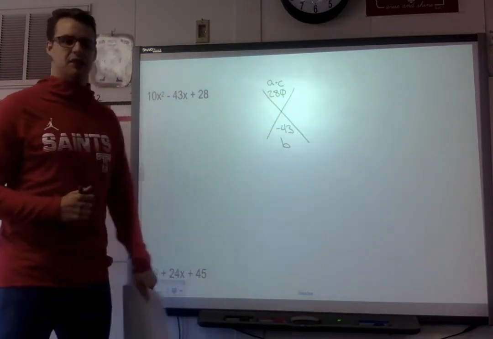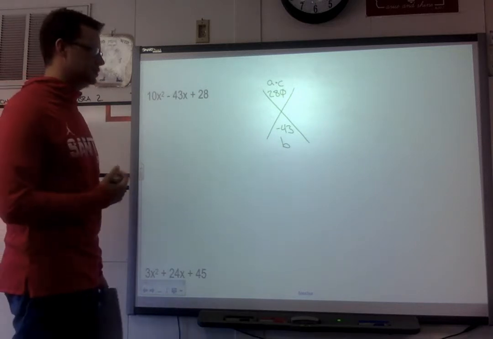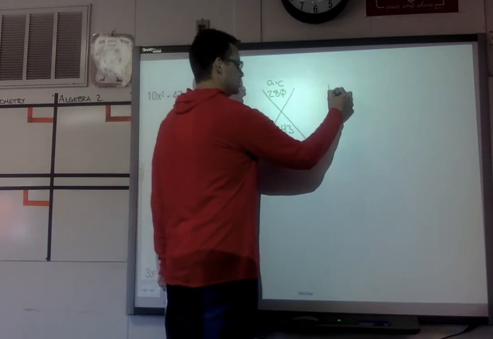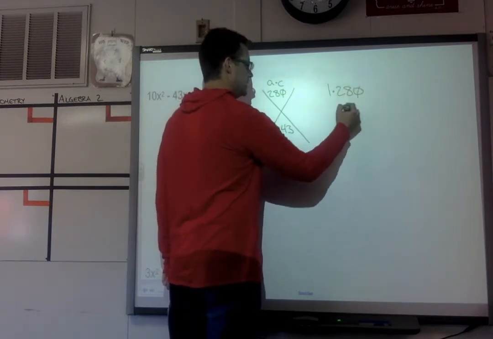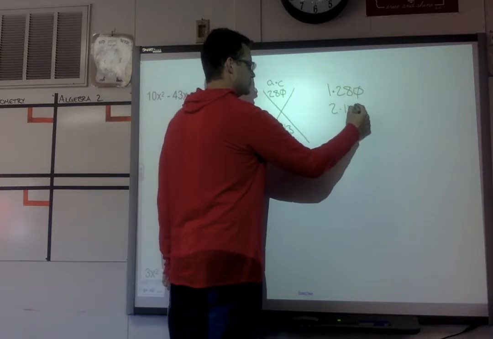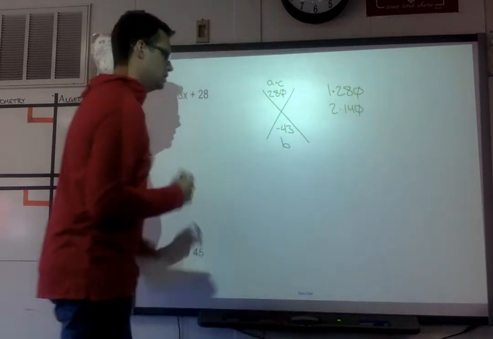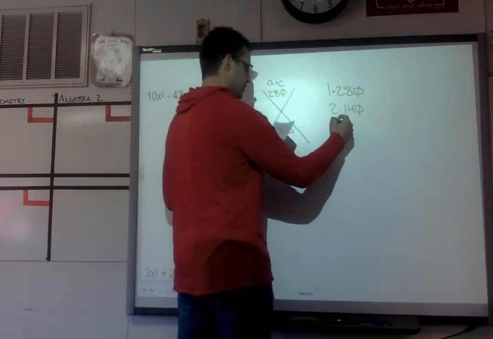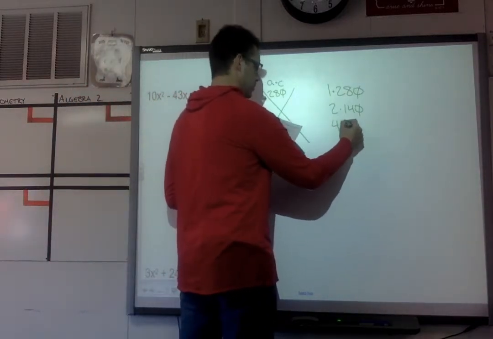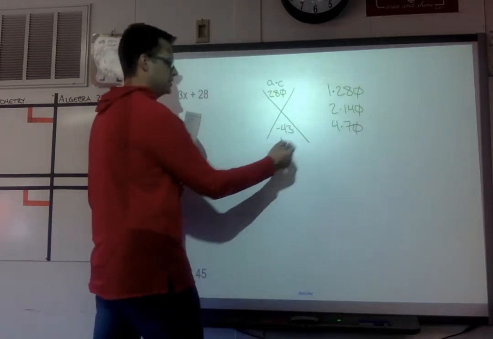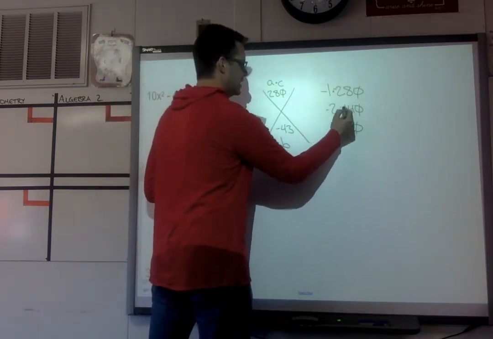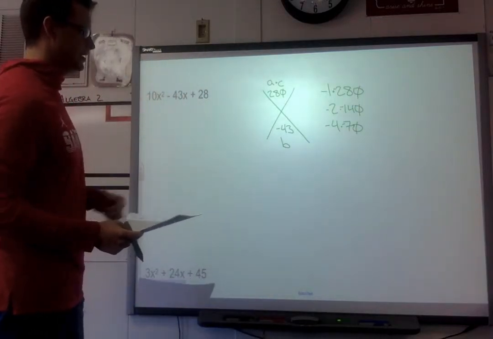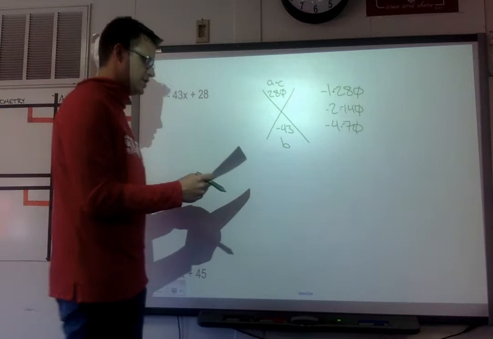Now if we go through, 280 is kind of a big number, so this is one where you might have to use a little bit of guessing and checking. So we know we can do 1 times 280, 2 times 140. I wrote a few of these down before I started here. 4 times 70. Well actually, they're all going to be negative. If we think of these, so far none of those added together are going to add up to negative 43.